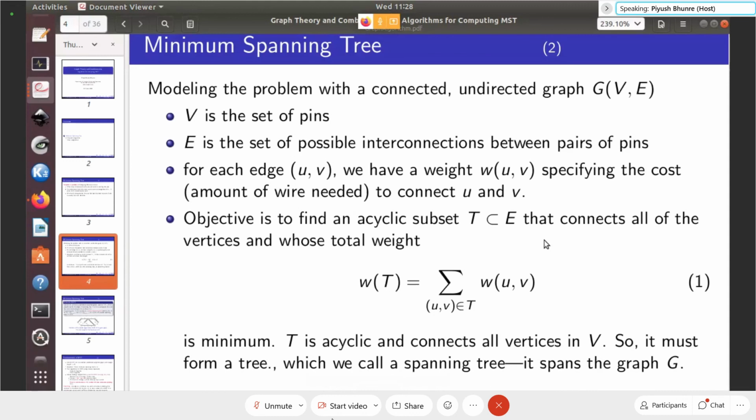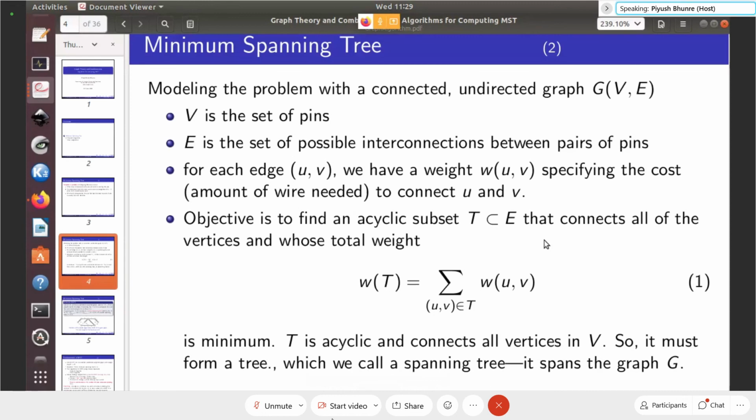So the objective is to find an acyclic subset T, which is a subset of E, that connects all of the vertices, and the total cost is minimum. Total cost means how many edges there are and their weights.